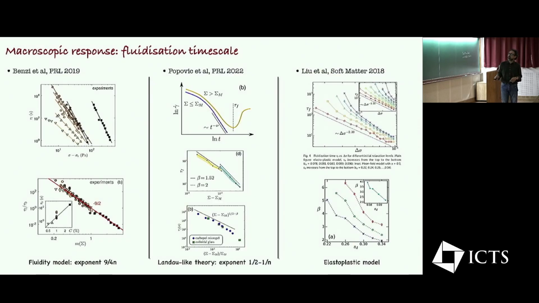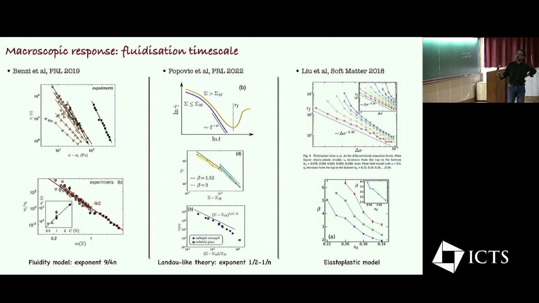So then, to characterize this yielding behavior or the onset of flow, one quantity that people have been looking at is this fluidization timescale, the timescale at which the onset of flow happens. There is a lot of experimental data on this, and more recently there are different theories which try to predict this fluidization timescale.